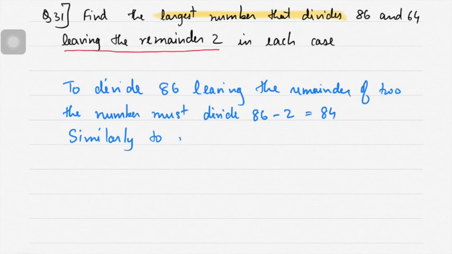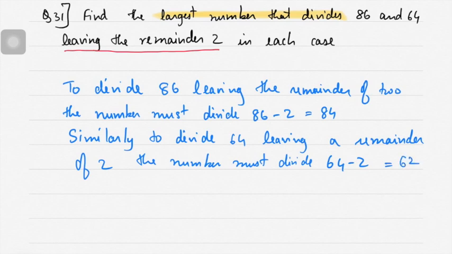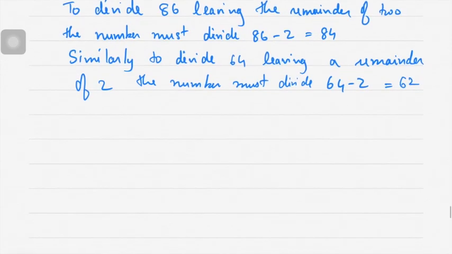Similarly, to divide 64, leaving a remainder of 2, the number must divide 64 minus 2, which is 62.